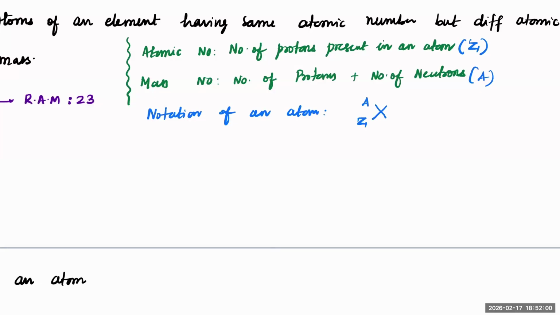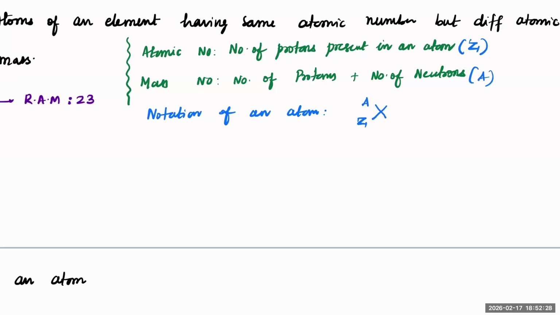This is called the representation or notation of an atom, where A is the mass number and Z is the atomic number. That's clear.